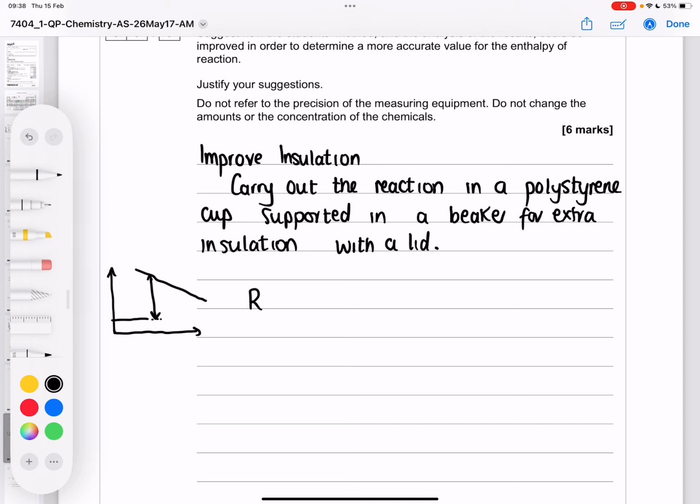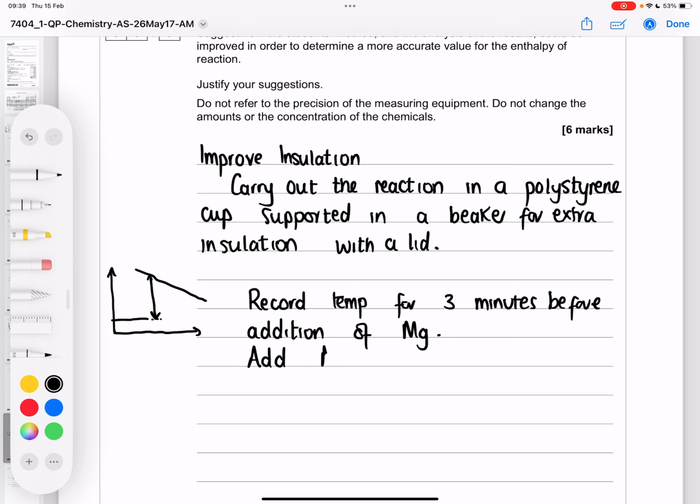So did you record the temperature for 3 minutes before addition of the magnesium, and then add the magnesium? So 3 minutes gives us the 0, 1, 2, 3, 4 points of data that we can draw a line of best fit through.